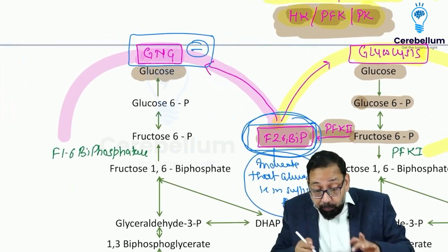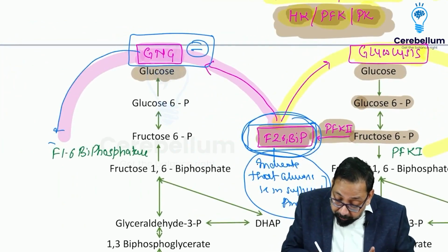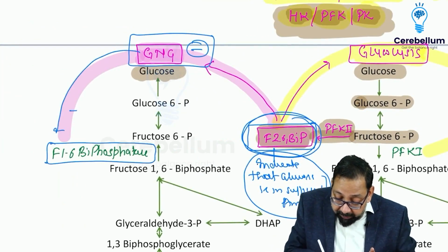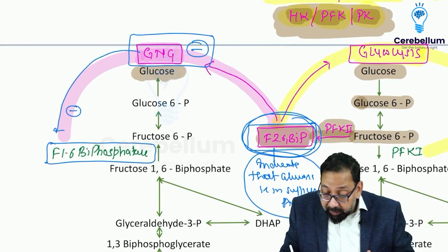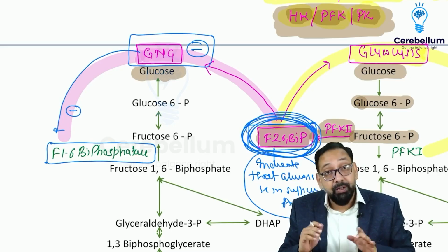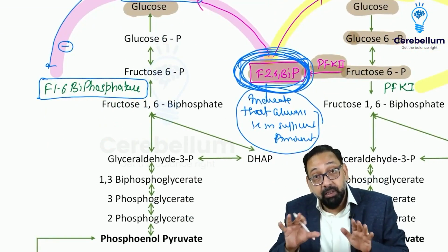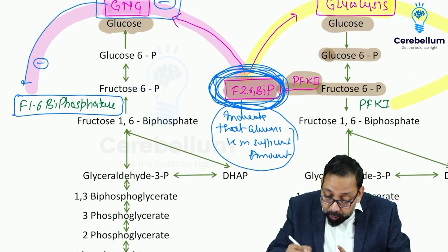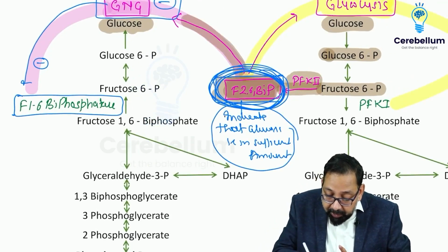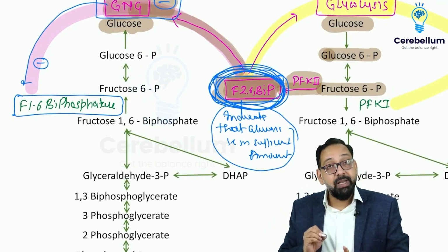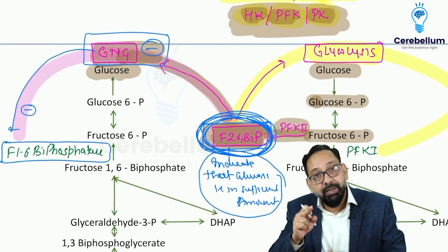So the enzyme of gluconeogenesis, fructose 1,6-bisphosphatase, is inhibited by this fructose 2,6-bisphosphate. If you only remember the names, it would be difficult to retain. Remember the concept.